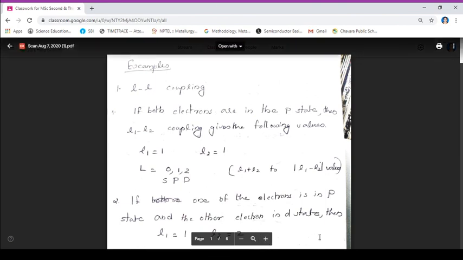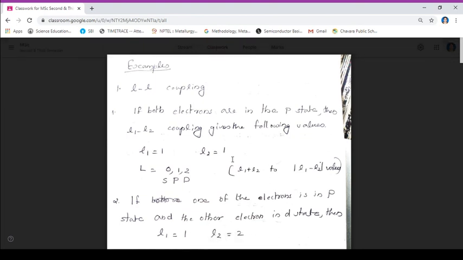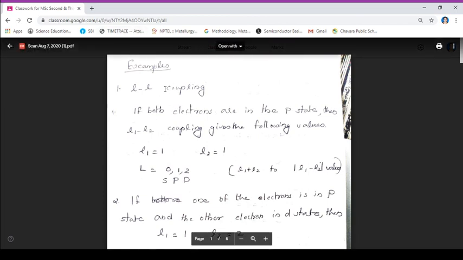So first, in LS coupling, L and L couple to give a resultant capital L, then S and S couple to give a resultant capital S, and then capital L and capital S give you the total J value. We will first look at the LL coupling.